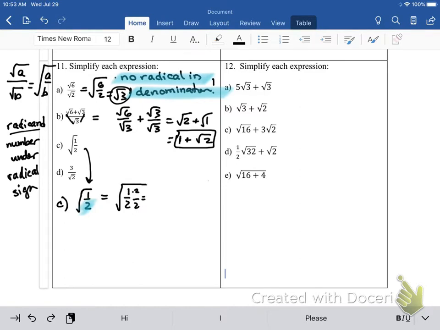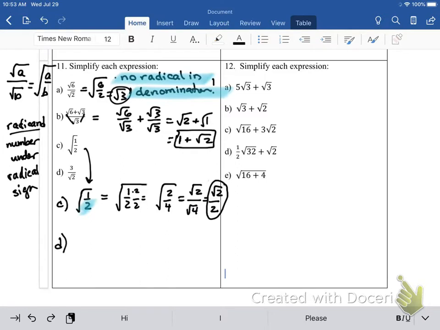Let's neaten this up a little bit. So now we're at the square root of 2/4. I didn't change the value, but look what happened. Now it's the square root of 2 over the square root of 4. Square root of 2 is still the square root of 2. Square root of 4 is just whole number 2. And I've fixed it. I didn't break my rule this time.